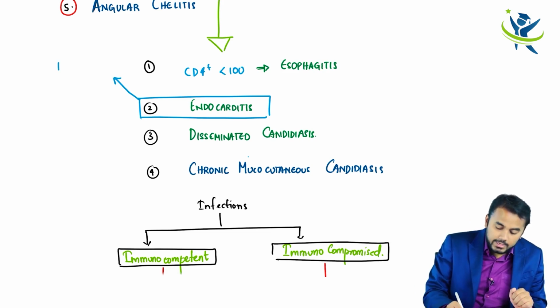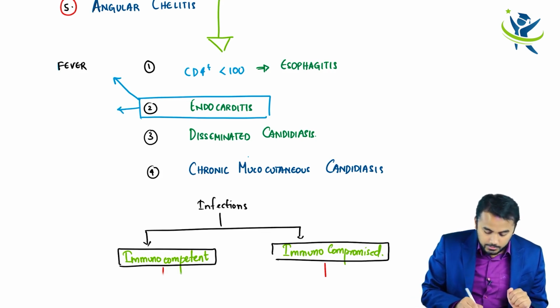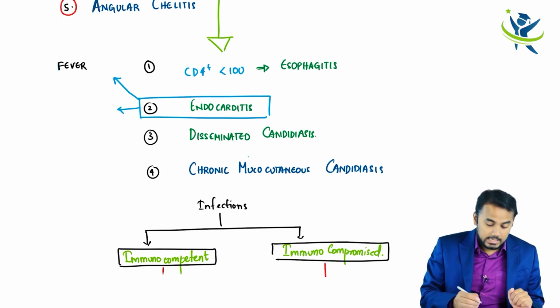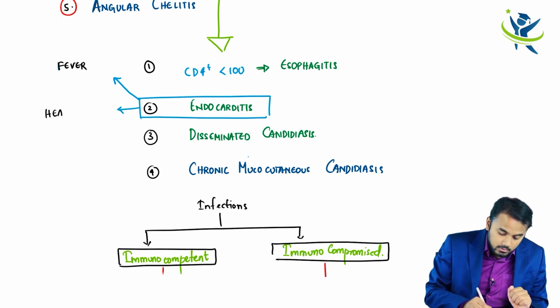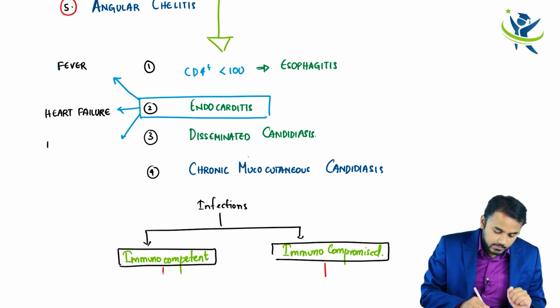So, the patient is going to experience fever, right? Not only fever, the second important thing the patient is going to experience in endocarditis is heart failure. The patient is going to have heart failure, and finally, you are going to listen to a new murmur.